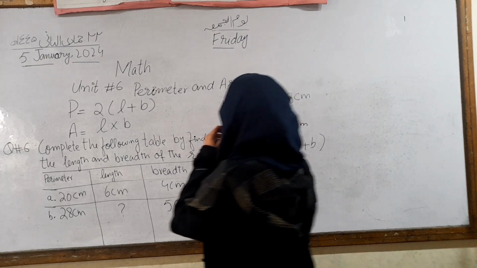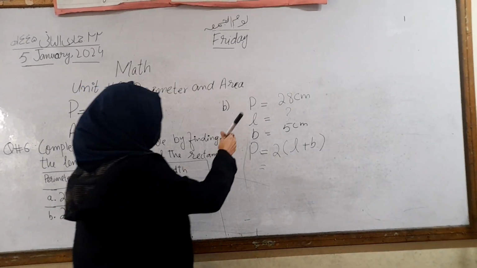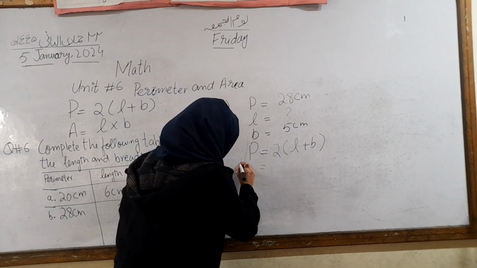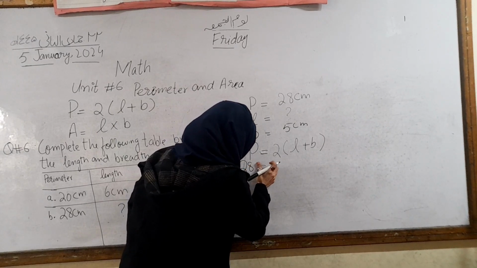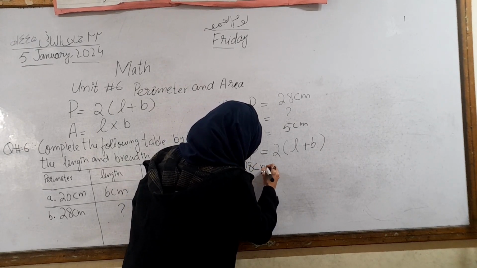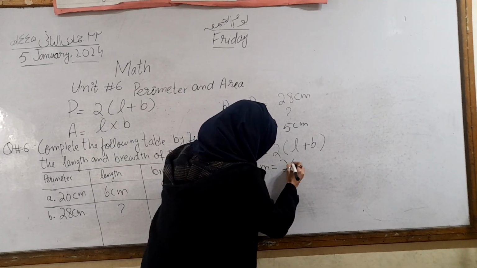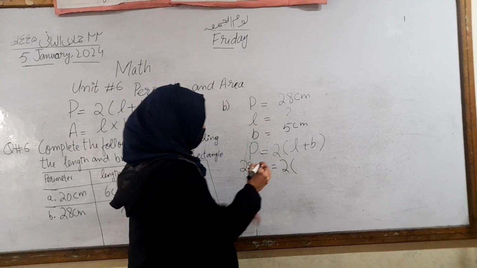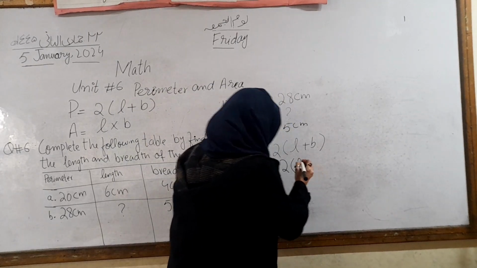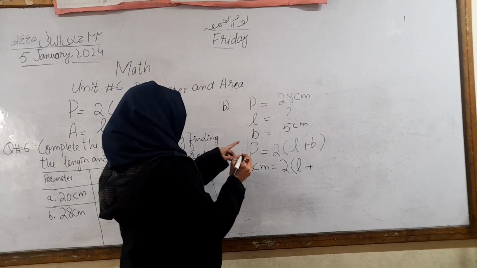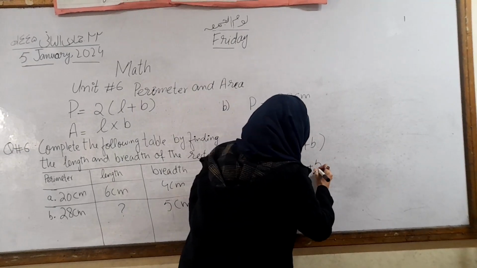Now you have to put the values. What is the value of perimeter? Perimeter is 28 centimeter, is equal to 2 bracket. Length you have to find, and L we write as it is, plus breadth is 5 centimeter.